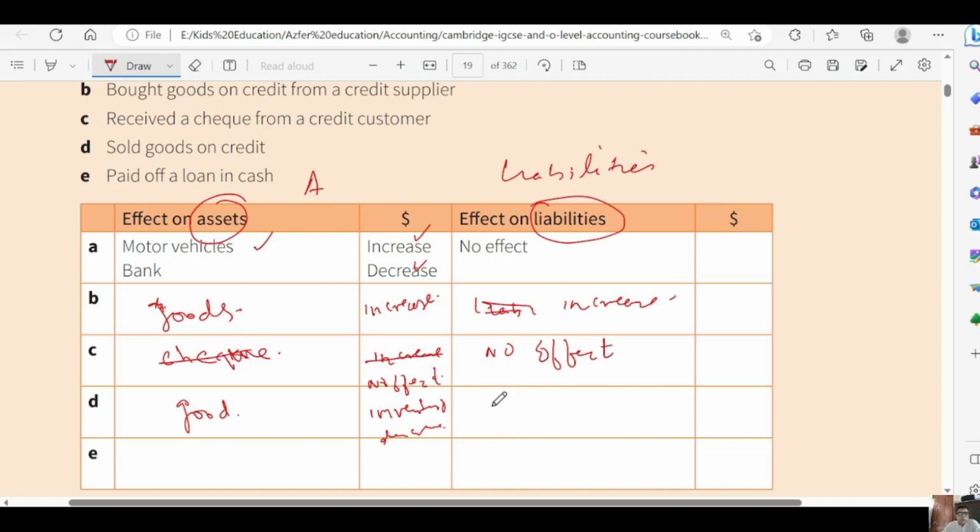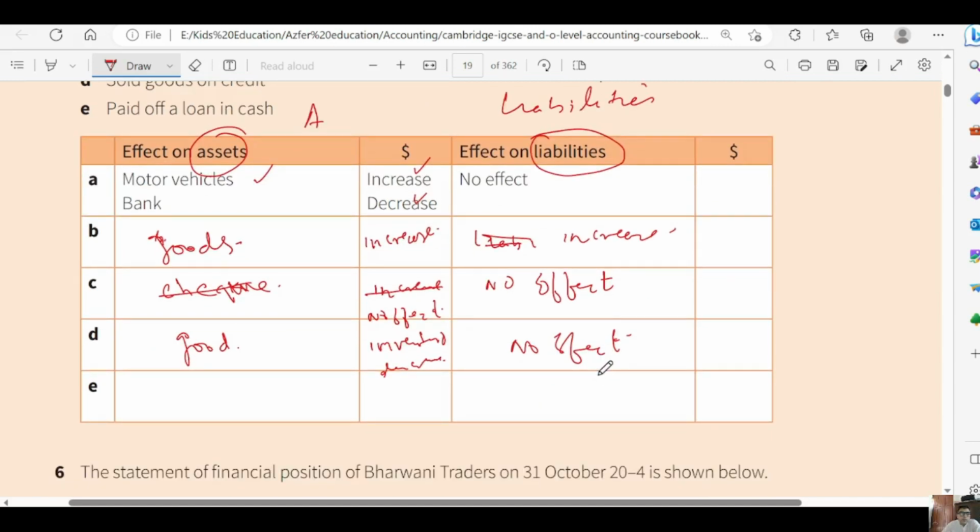Paid off a loan in cash, asset will decrease, and liabilities will also decrease. Okay.